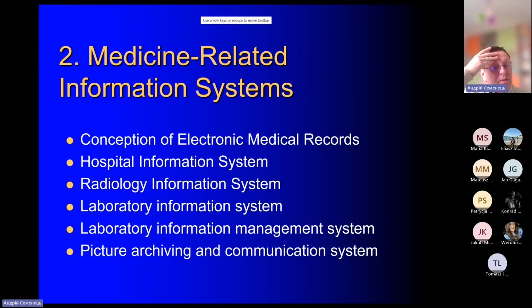So, okay, when we move into the second part of this section of the lecture, we have to identify, first of all, the concept of electronic medical records and take a look at the most common type of medical information system, which is the hospital information system, dedicated to supporting EMR, and also related radiology and laboratory information systems and picture archiving and communication systems.